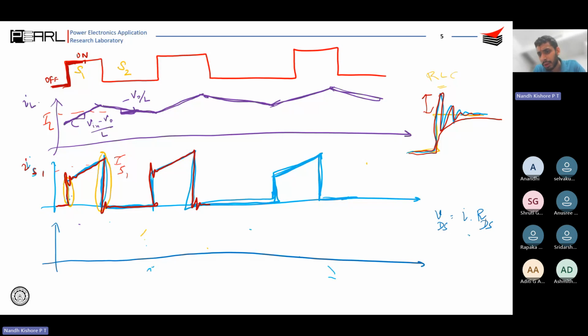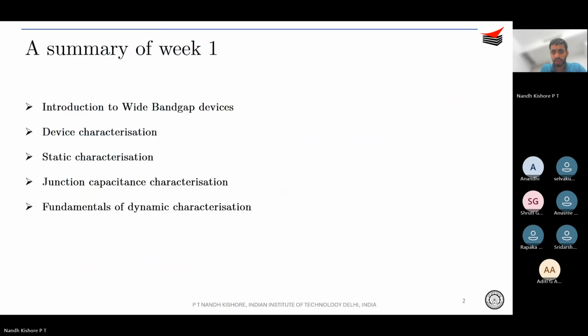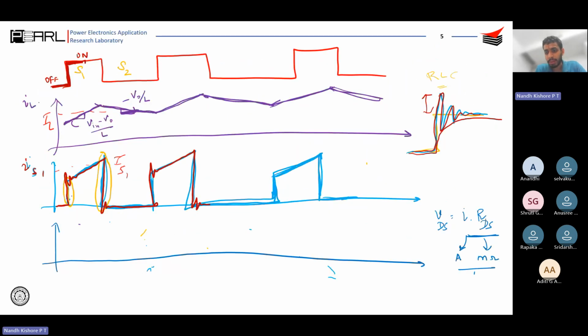So this would be a very small number, right? RDS is in the order of a few milliohms, and let's say you send a few amperes of current. So maximum you will get a device drop of the order of just a few volts, not more than that.